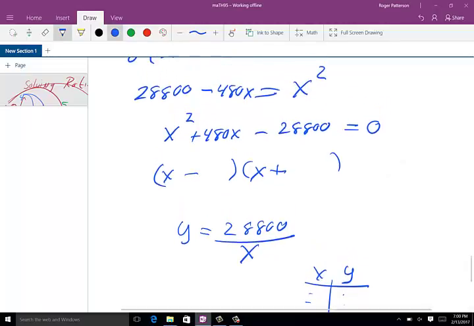Where are you lost? Everywhere. Oh, you mean using your calculator? Is that an 83? 84. So did you go y equals 28800 divided by x? Yeah. And then you should have a table button.